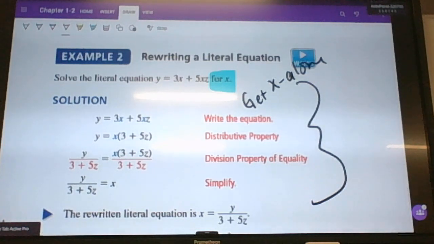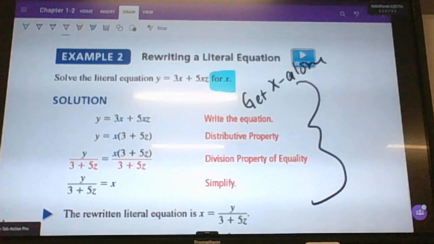I'm going to reverse this. I'm going to think backwards, go into history, go back in time. I'm going to pull a 5 out, and this is x plus 2.